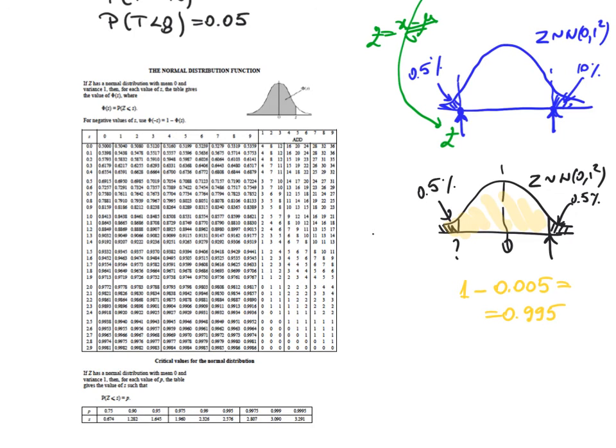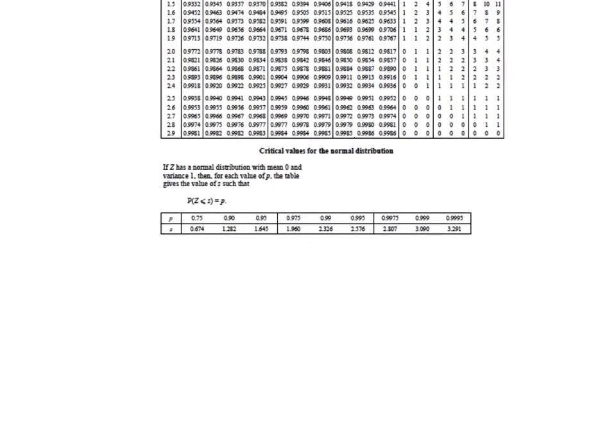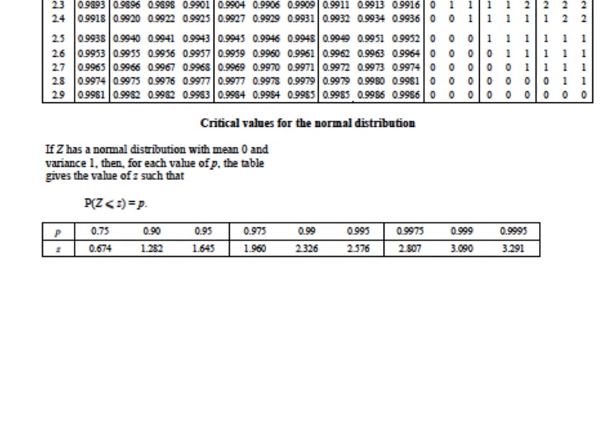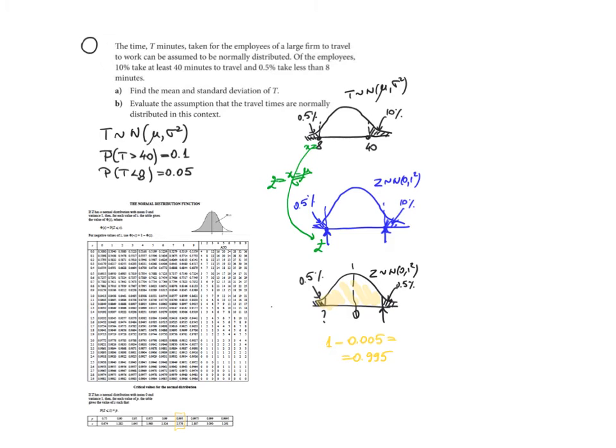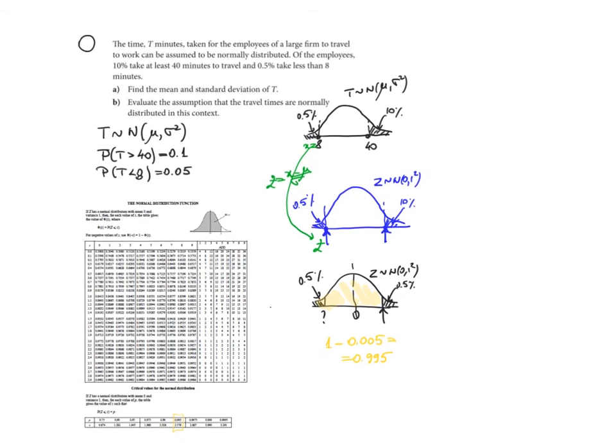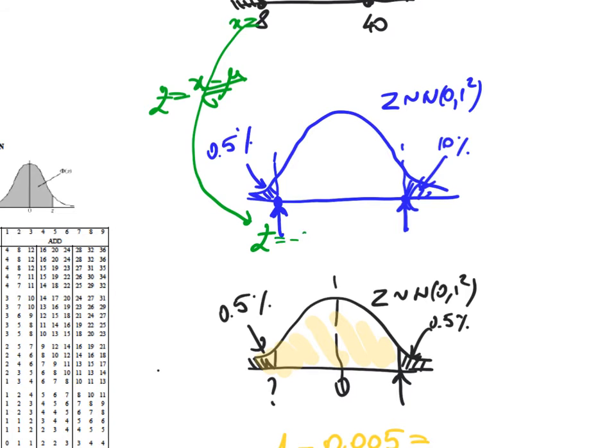Now I'm lucky to recognize that this is one number, a critical value, that is very often met, so I'll find it here. And the number is 2.576. So I will use this value here, 2.576. So this point is actually negative 2.576.